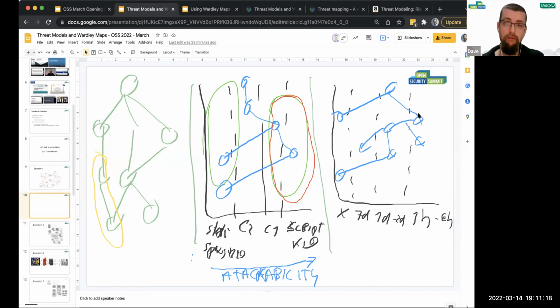What Wardley maps can do for you is, before you start doing that, identify the hotspots in your architecture based on certainty or attackability or whatever, and afterwards give you a tool where to focus on first in terms of mitigation. So it can help with the scalability problems, and it can help you with defining a risk mitigation strategy.